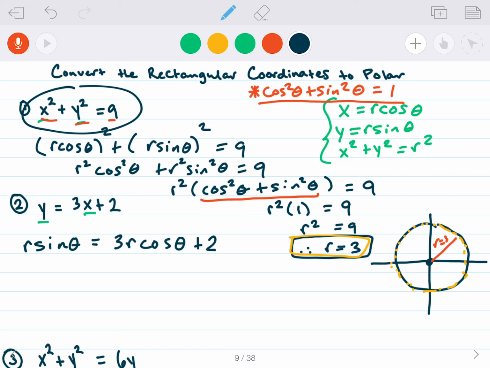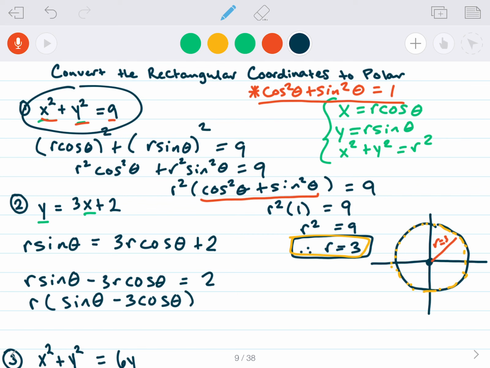I can manipulate this if I want to, and I could leave it like that. That would be fine. But if I group the r terms together, I can subtract 3r cosine theta from both sides to give me r sine theta minus 3r cosine theta, and on the right side I get 2. If I factor out an r, I get r times (sine theta minus 3 cosine theta) equals 2.